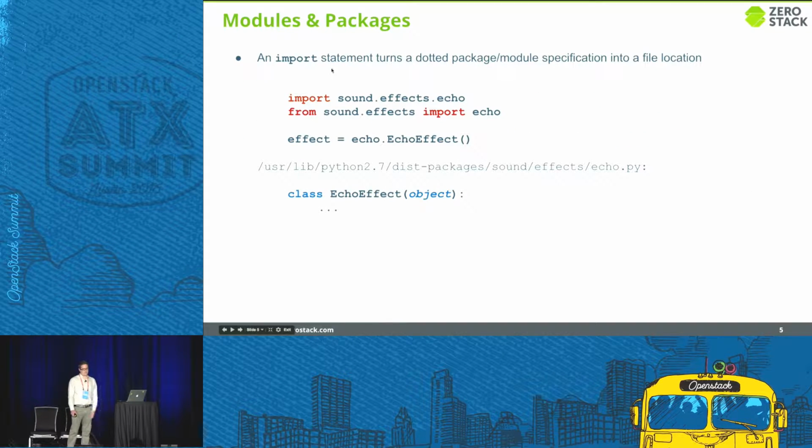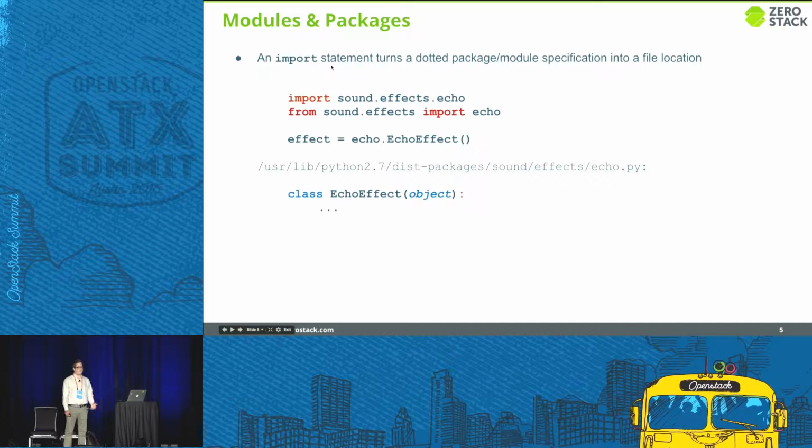Okay, so what does an import statement look like? I've given two examples here. They do look for the files in the same place. Really the difference between these two is how you then access that module in the code itself. With the first import statement, if you wanted to get to that echo effect class that I put there as an example, you'd actually have to put sound.effects.echo.echo effect.